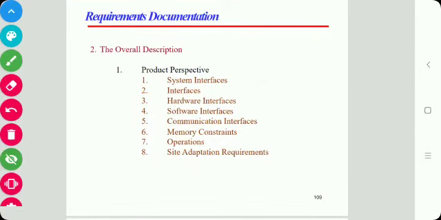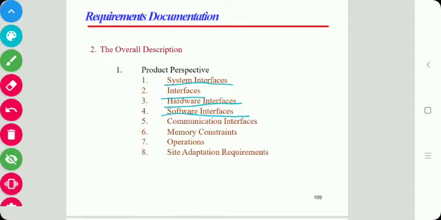Then the second section is the overall description. It consists of product perspective, which covers system interfaces, the hardware interfaces for the software system, and the software interfaces of the system, with their version, their source, and their specification number.